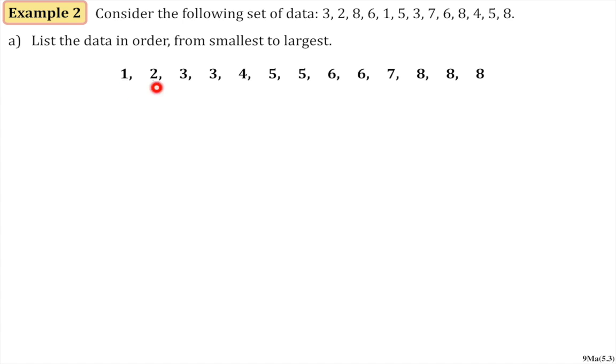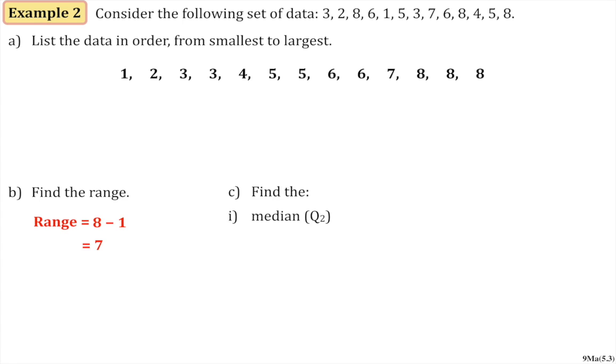There are 1, 2, 3, 4, 5, 6, 7, 8, 9, 10, 11, 12, 13 numbers in this group. If we're going to find the range, we do the biggest number minus the smallest number. We didn't need to order it for that. But if we find the median, it must be ordered.